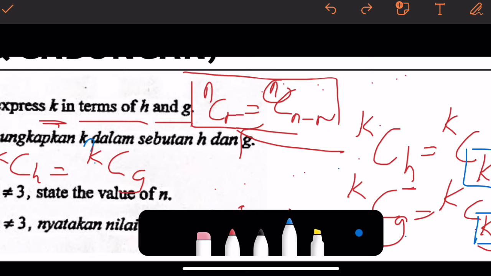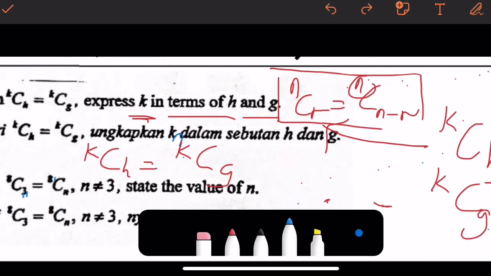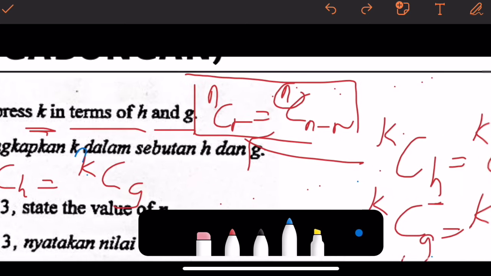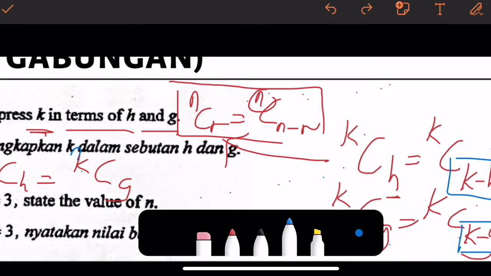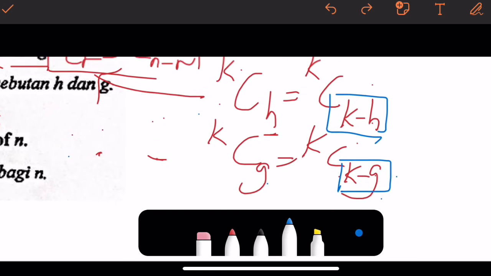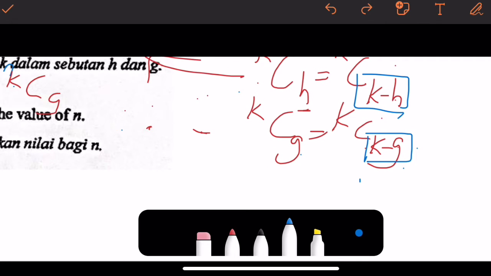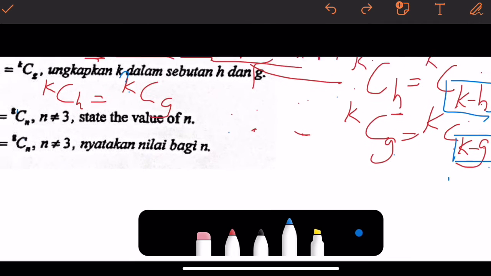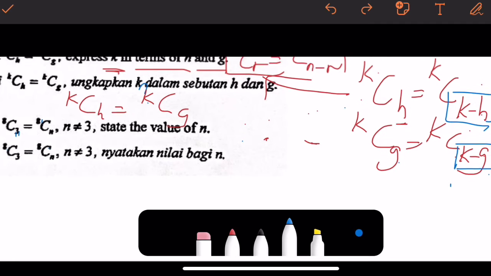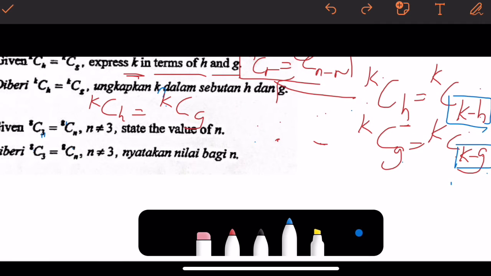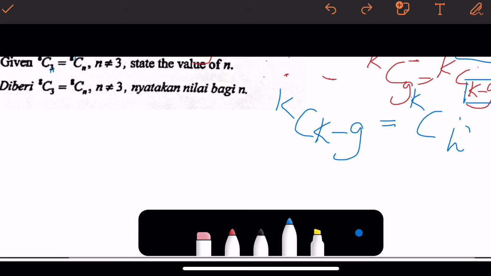We are asked to write K in terms of H and G. So we can say that KC(K minus G) is equal to KCH.